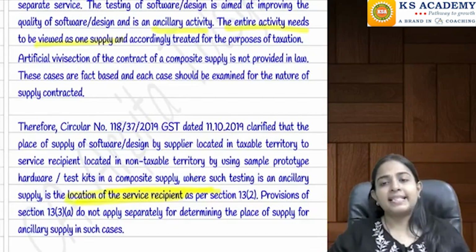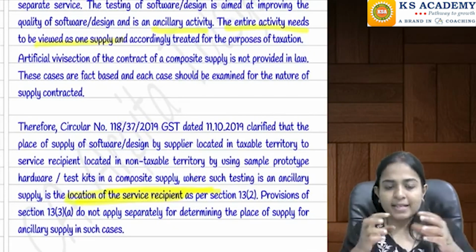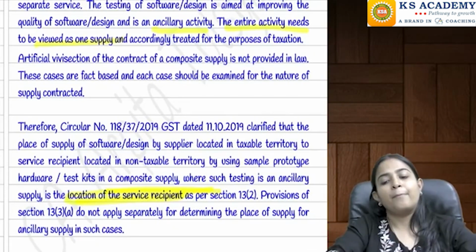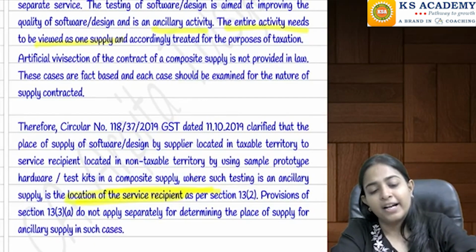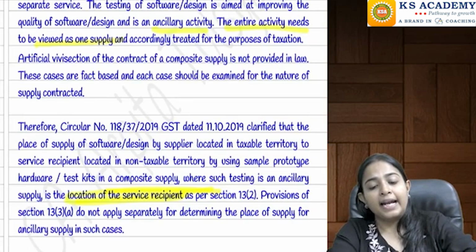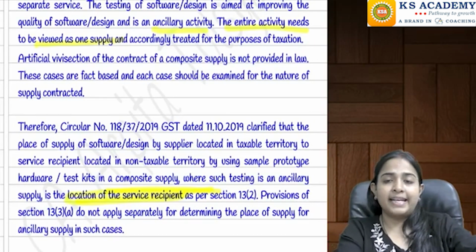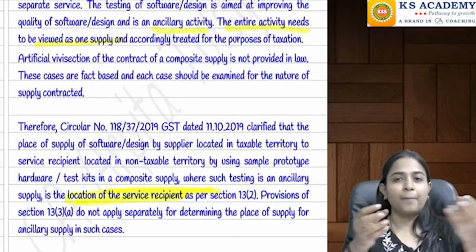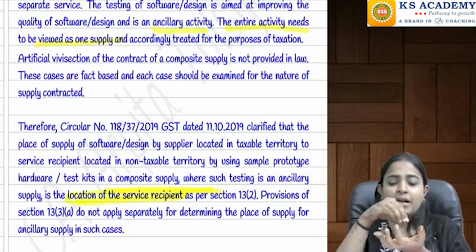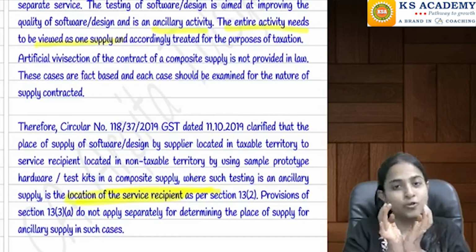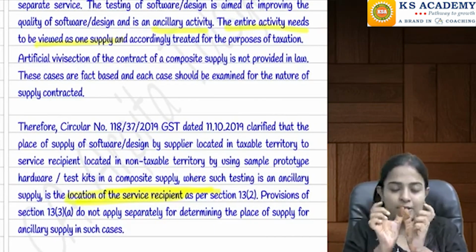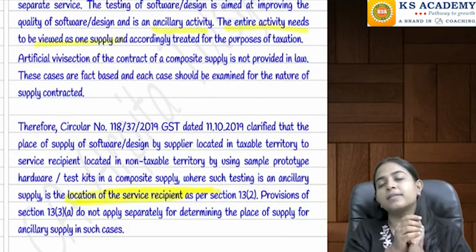Now let's say I am providing some software development services for a particular company which is located outside India. Like I am designing a particular integrated circuit for them. I am going to put my software there and then I am going to export it. This is software, or this is a particular chip, or this is a particular circuit.